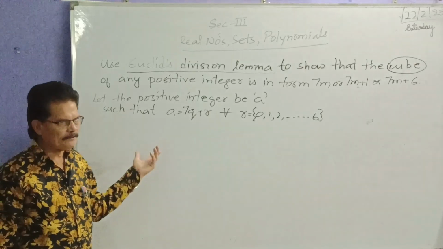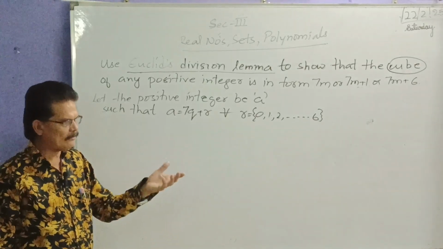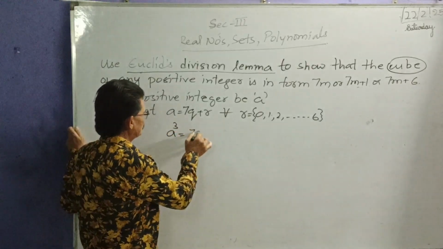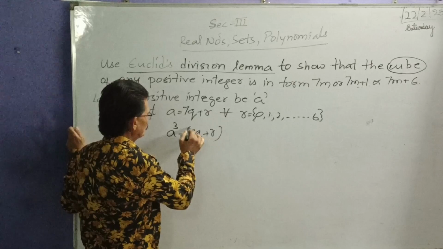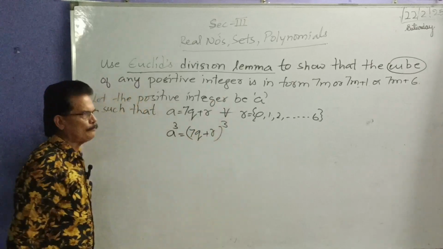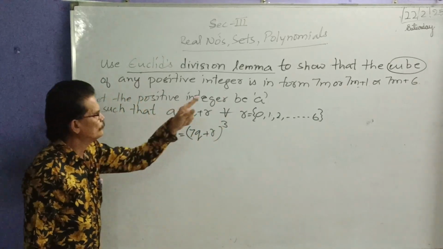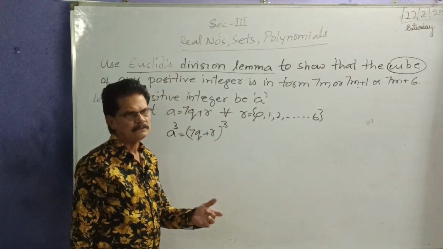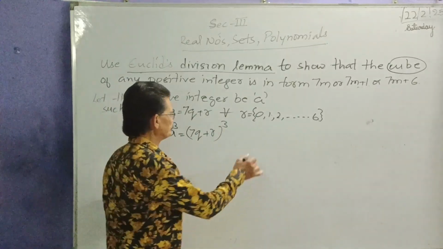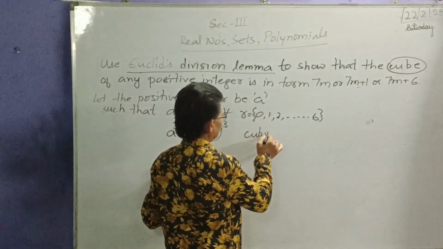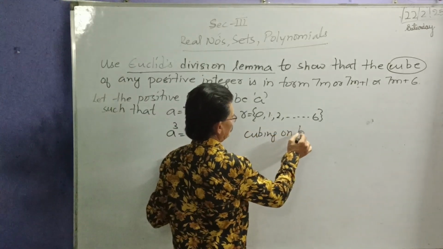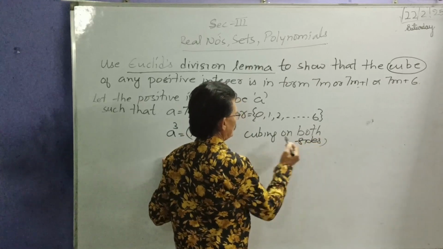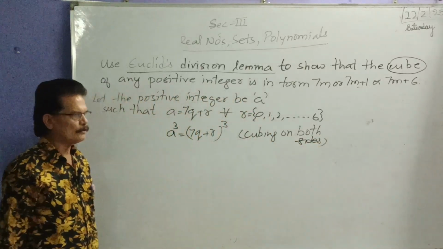It means cubing on both sides. a cube is equal to 7q plus r whole cube. If we say square, squaring on both sides. If we say cube, cubing on both sides.